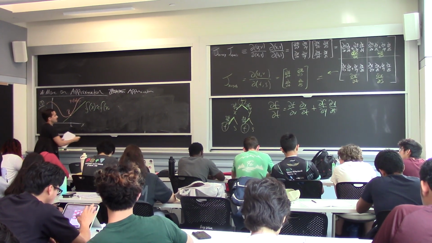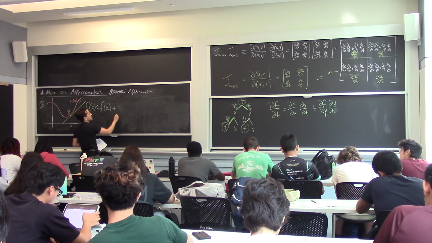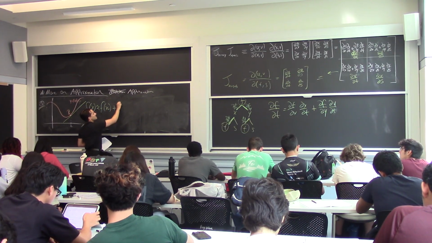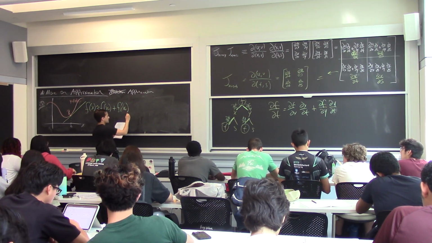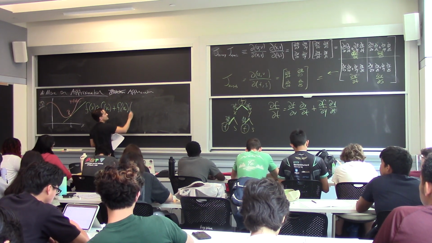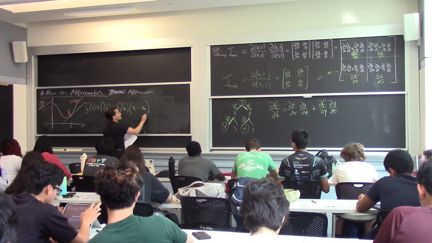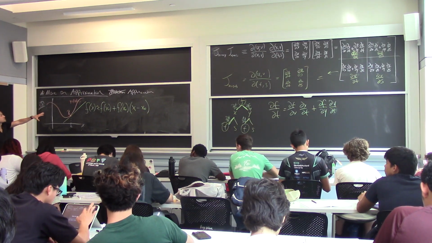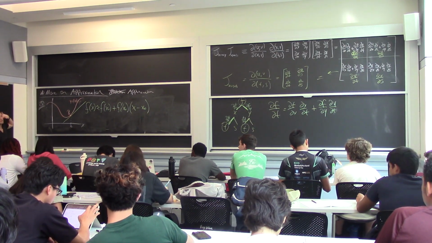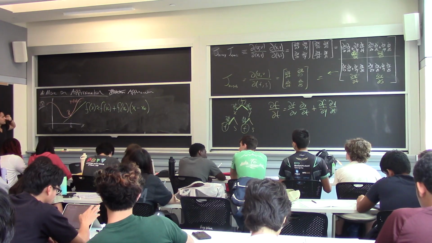What else goes here? Plus f prime of x naught, times x minus x naught. Brilliant. This is single variable calc. That's all it is. And so actually, you have seen this before we even talked about a gradient, right?